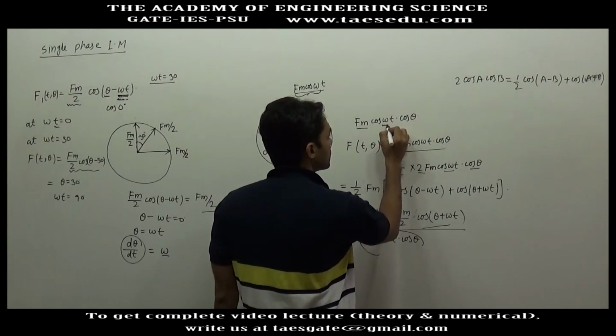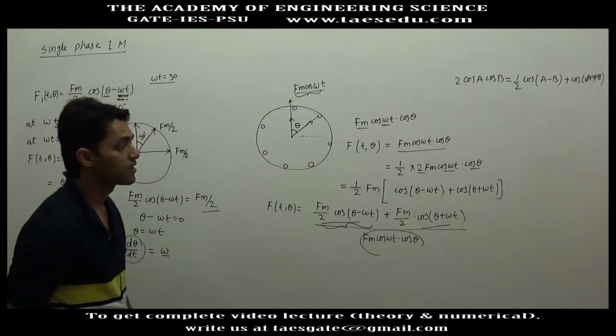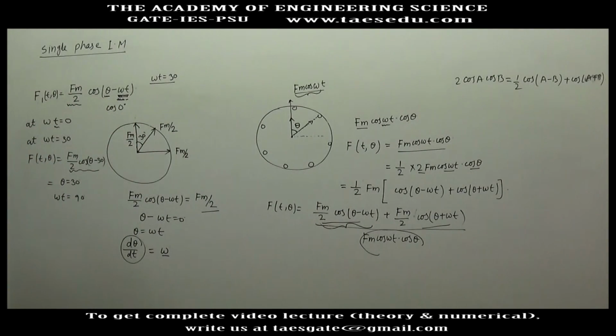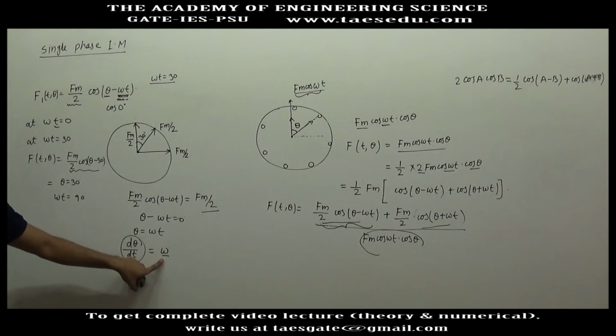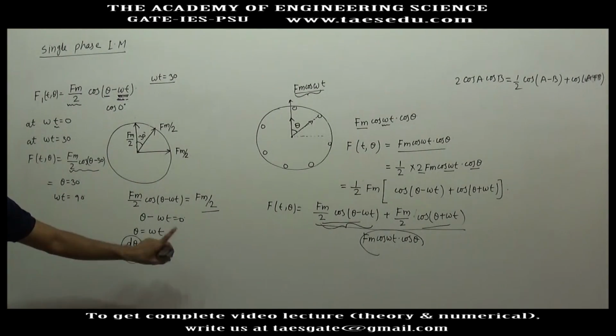What is this omega? This omega is the angular frequency of time variation. And what we are finding here is that the angular speed of space variation of maximum magnetic field is the same as the angular frequency of time variation.